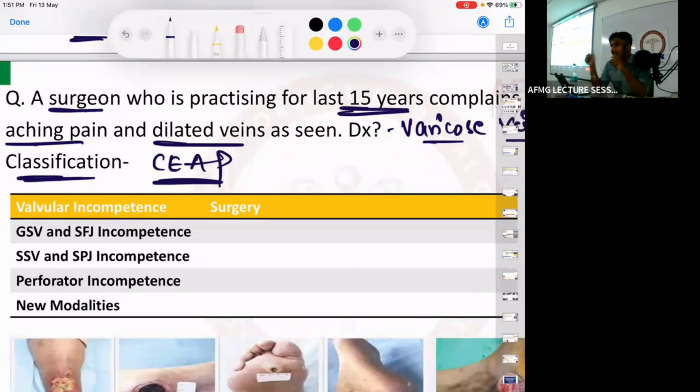C for clinical manifestations, E for etiology, A for anatomic distribution, and P for pathophysiology.